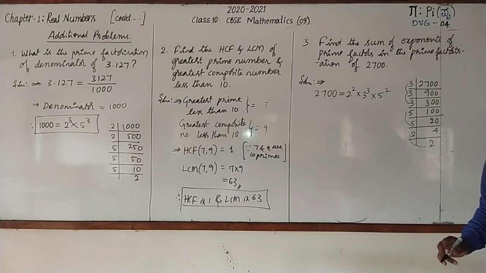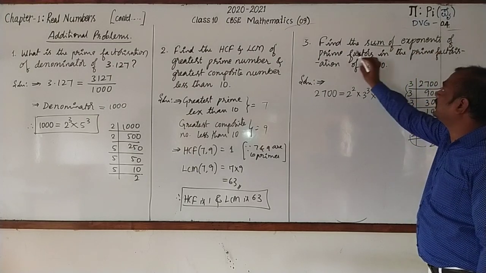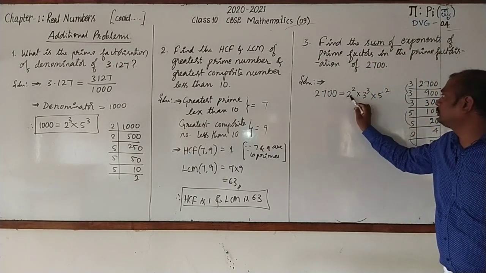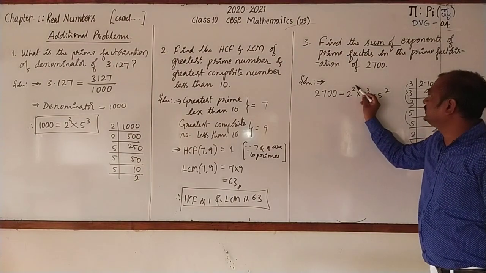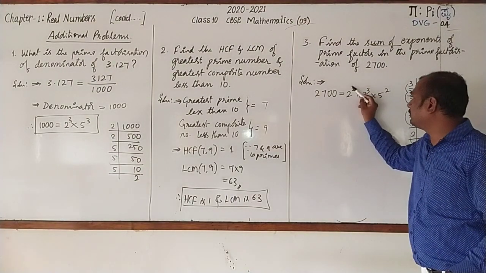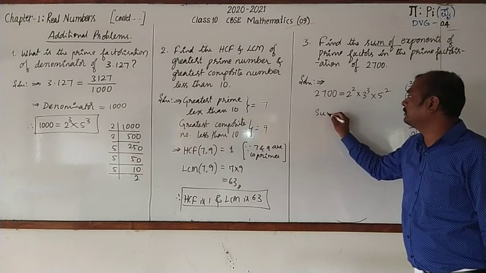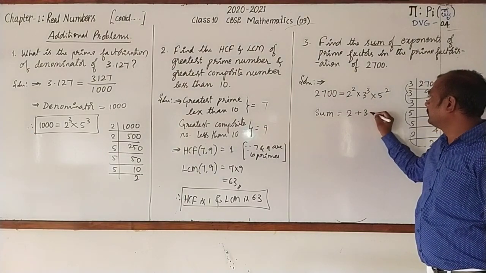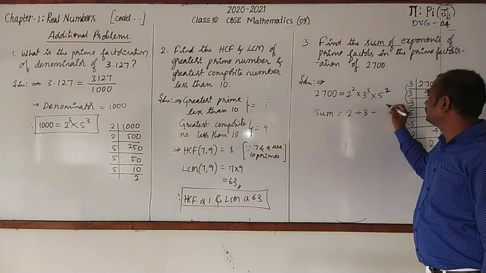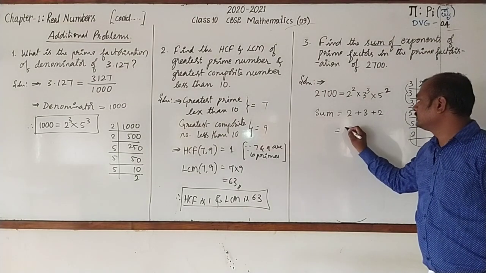What has been asked? You are to find the sum of exponents of prime factors. Here 2, 3 and 5 are the prime factors. Their exponents, nothing but the powers, are 2, 3 and 2. So the sum is equal to 2 plus 3 plus 2. 2 plus 3 is 5, 5 plus 2 is 7.